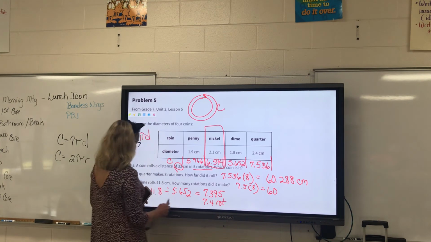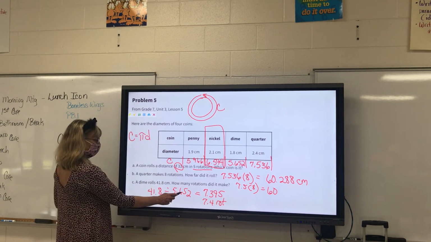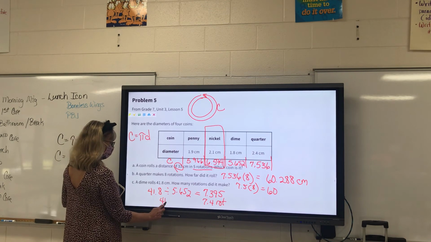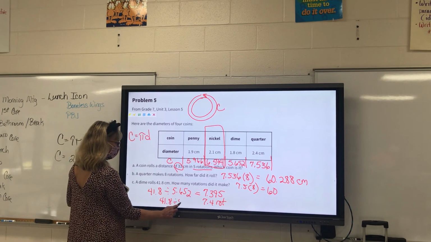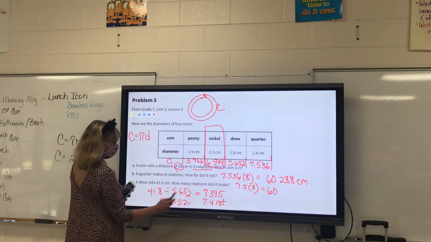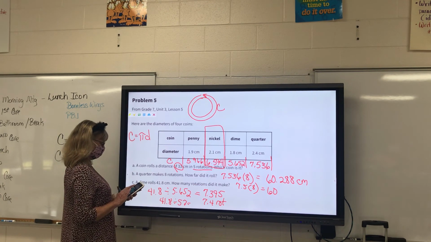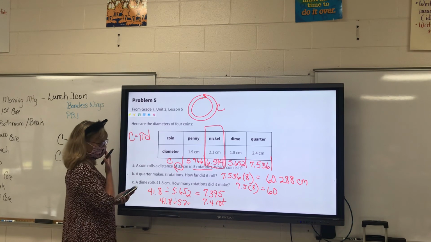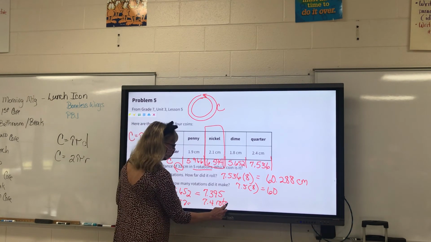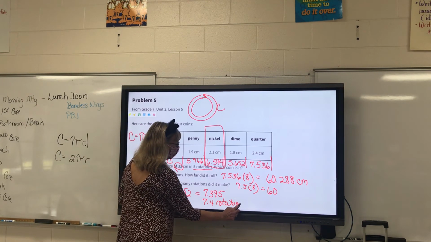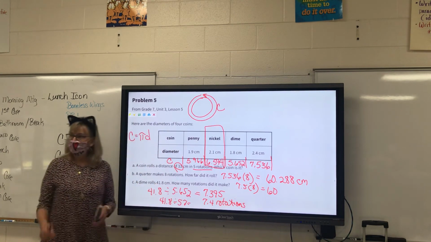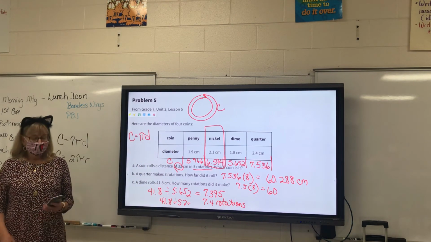Or if we had rounded this to 5.7, what is 41.8 divided by 5.7? Let's see if we end up in the same place. 7.3 rotations. Okay, 7.3, 7.4. Questions?